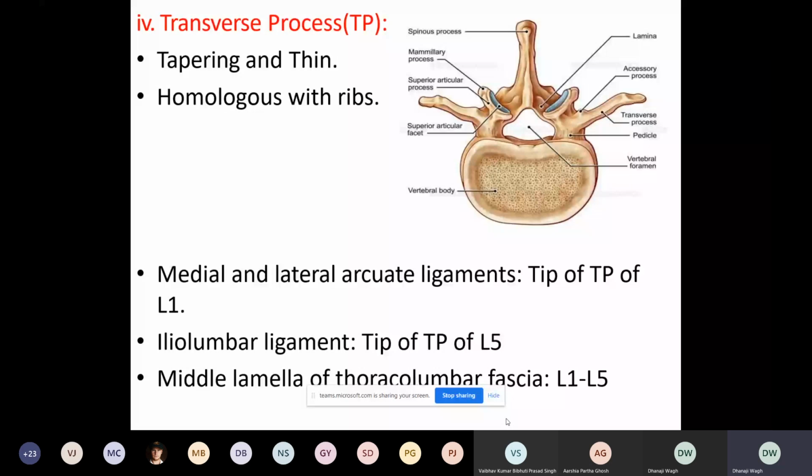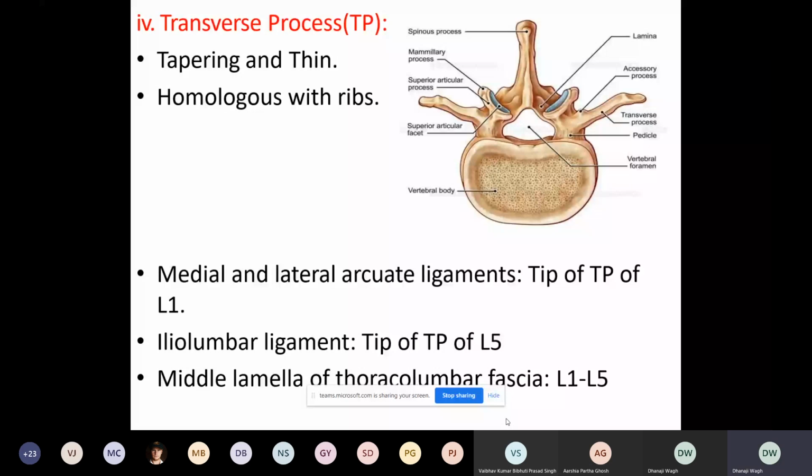Especially in the viva, they may ask regarding L1 vertebra: the medial and lateral arcuate ligament, where does it attach? It attaches at the tip of the transverse process of L1. And the iliolumbar ligament, where does it attach? This question may be asked: the iliolumbar ligament is attached to the tip of the transverse process of L5.